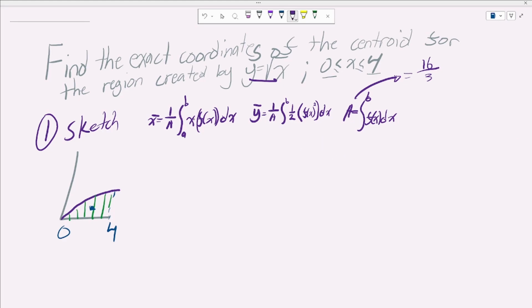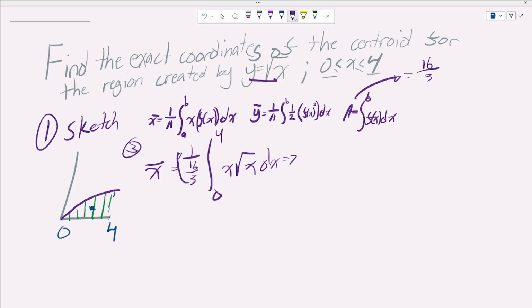Let's just go with x bar since that's the first one that comes up in order. So step 3, we're at x bar is equal to 1 over A, which is just 16/3. So 1 over 16/3, and our integral goes from 0 to 4 of x times the square root of x dx. In the same manner, we get rid of this fraction in the denominator.